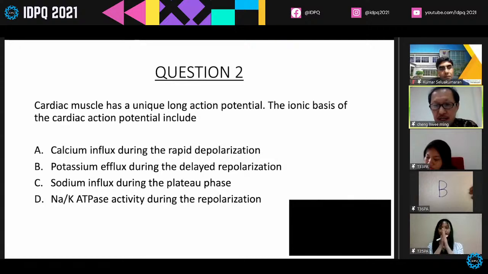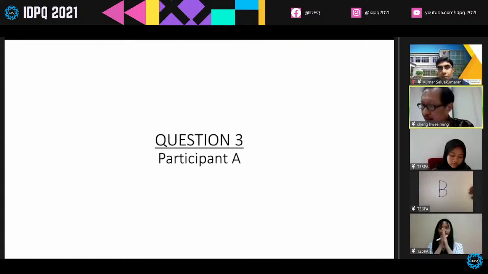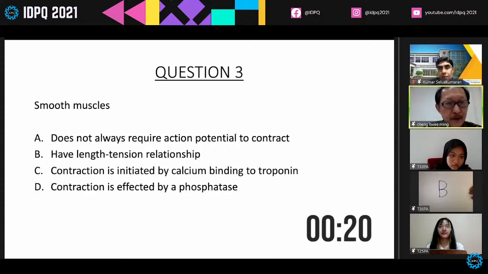Okay, the third question for participant A. Let's read the question. Smooth muscle does not always require action potential to contract, have length tension relationship.